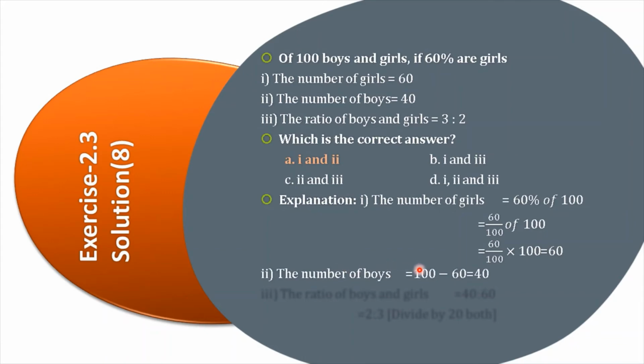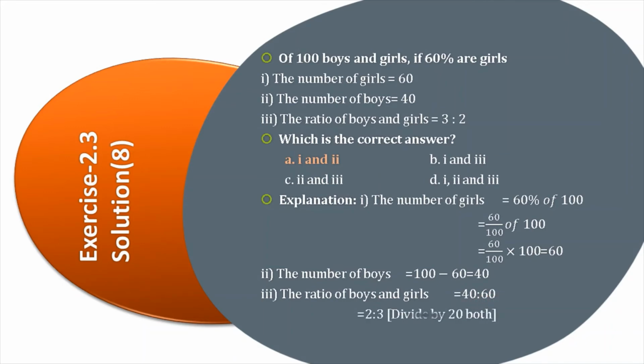The number of boys equals 100 minus 60, that would be 40. So 40 is also correct because 100 is the total. The ratio of boys and girls, that would be 40 is to 60. That is 2 is to 3, dividing by 20 on both sides. But in here it is written 3 is to 2 as the ratio of boys and girls.